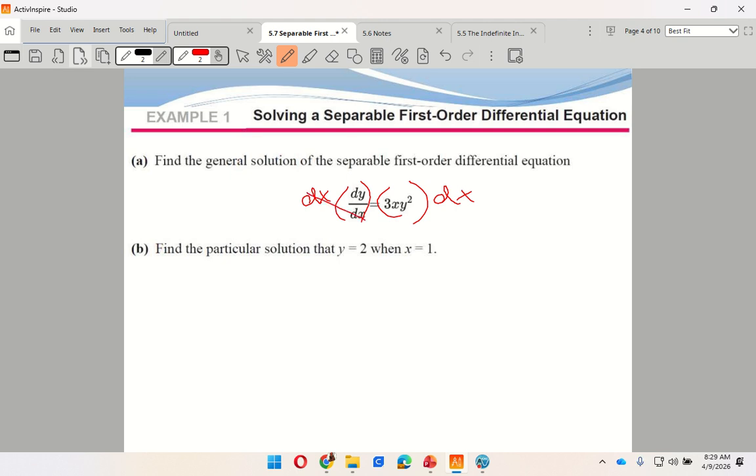Right? So over here that cancels. And now I'm going to have dy equals 3xy squared dx.